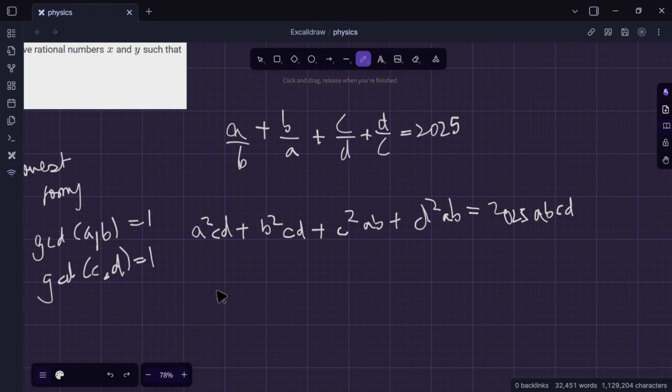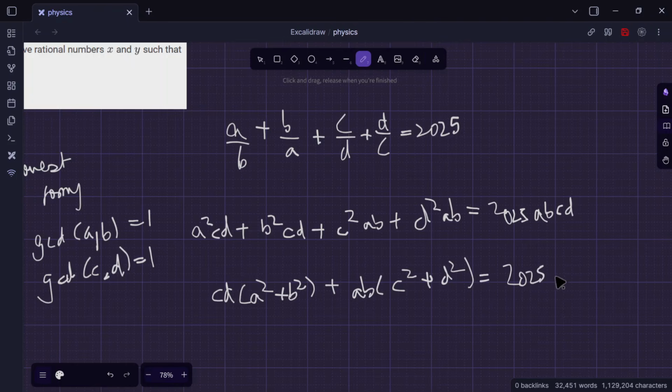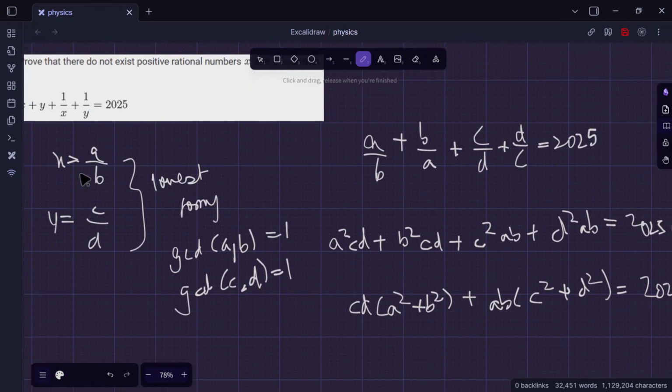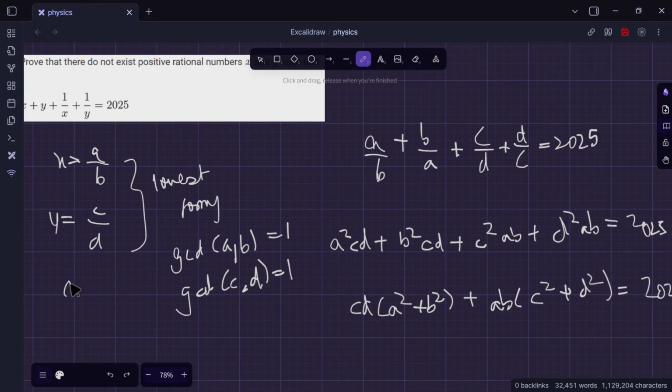So I'll pair these up and I'll get CD times (a squared plus b squared) plus AB times (c squared plus d squared) is equal to 2025 times ABCD. This is an equation not over positive rationals. This is just an equation over positive integers because A, B, C, and D are all positive integers. Should probably have mentioned that, but yeah.